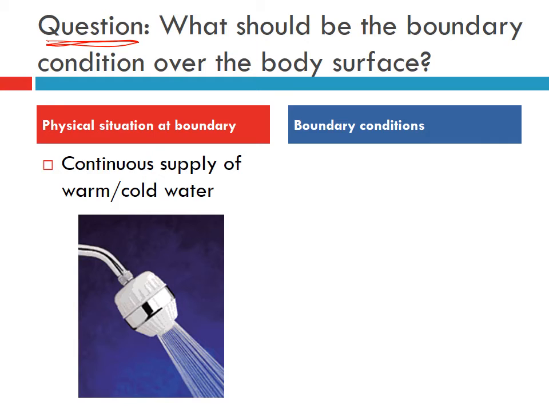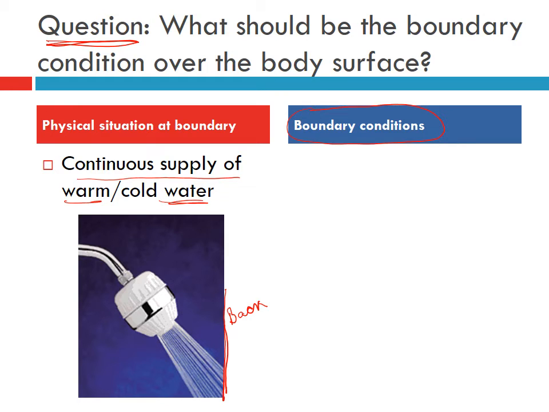The first one is you're taking a shower. There is water hitting your back surface, and there is a continuous supply of, let's say, warm water. What is the boundary condition at the surface? Now you should pause the video and take the 2-minute pause to think about the answer.